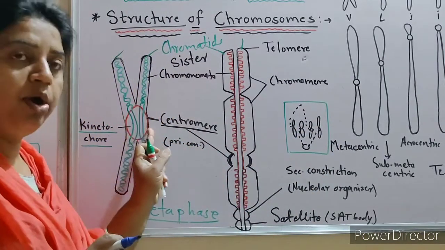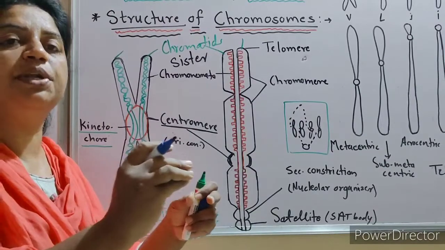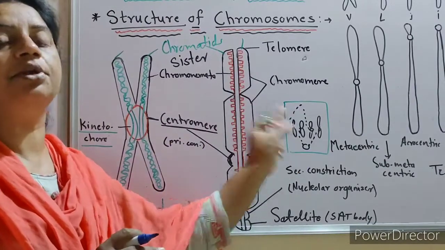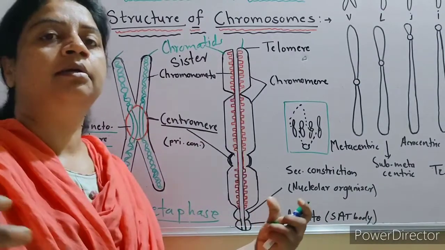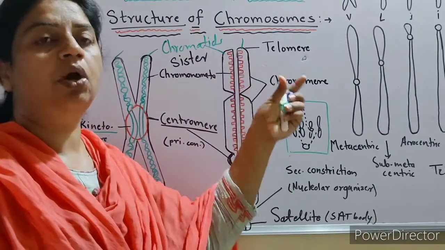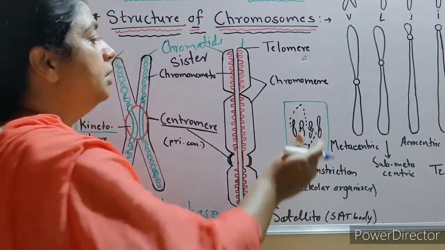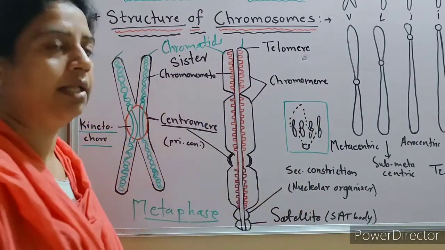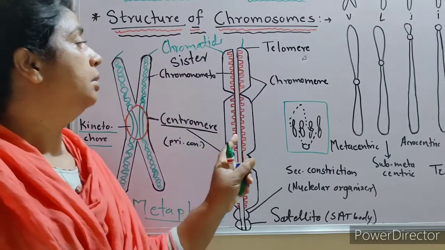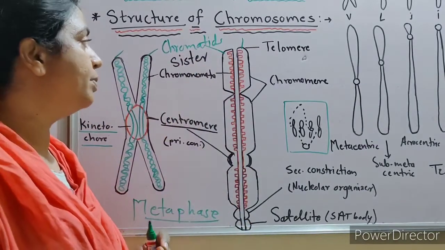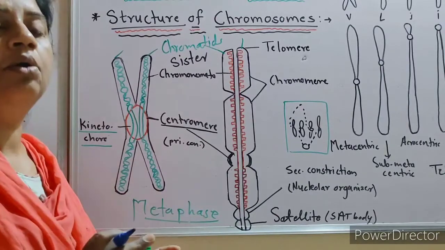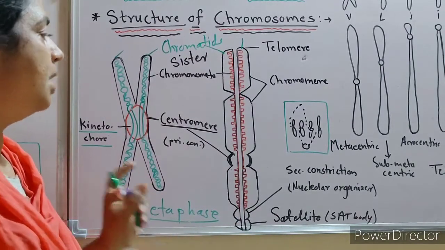Means this is the point, the kinetochore, to which the spindle fiber gets attached during cell division and gets pulled to separate poles, one pole and another pole. Then this is the structure of chromosome, which has a number of parts.